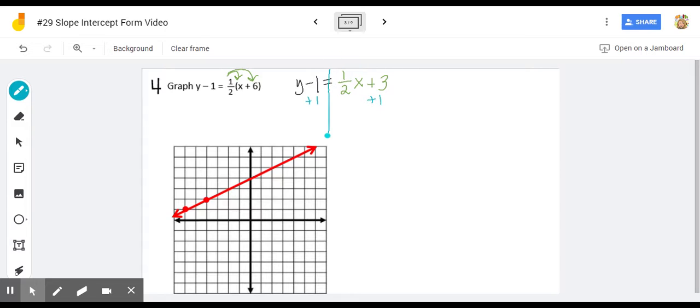So instead of subtracting by 1, we're going to add by 1 on both sides. Now when I do that across my equal here, we get rid of that 1 on the left, leaving us with y equals. We should hopefully still have that slope of rise 1, run 2 with our x right beside us here. And we should have positive 3 plus 1, which ends us at positive 4.